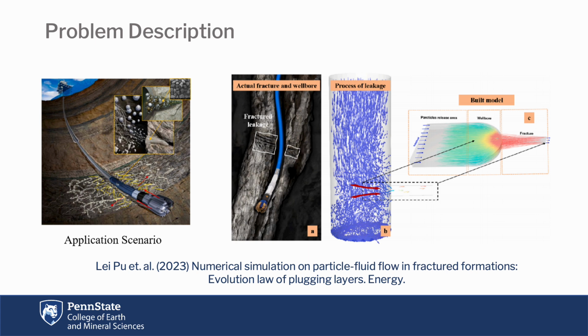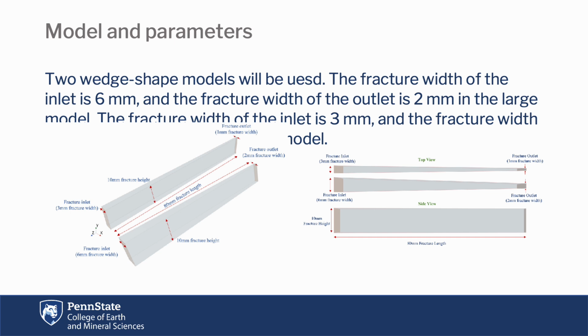So we built the model in the fourth figure. We use the fracture model to simulate the fracture loss. Two wedge-shaped models will be used to simulate the fracture. In the large model, the fracture width of the inlet is 6 millimeters, and the outlet is 2 millimeters. In the smaller model, the fracture width of the inlet is 3 millimeters, and the outlet is 1 millimeter.